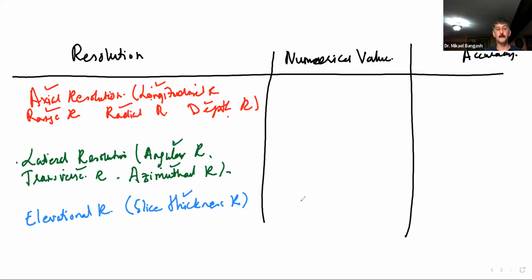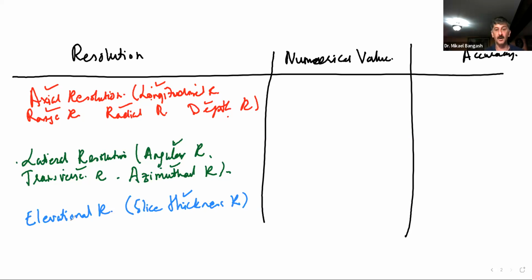How the numerical value for your exit resolution is determined, we will talk about when we get to that. The numerical value of your lateral resolution, we will talk about when we get to that. And the same for your elevation resolution. We will talk individually about each of them when we get to that point.